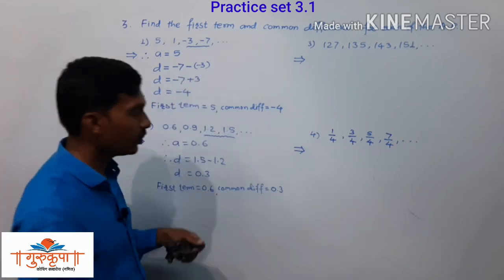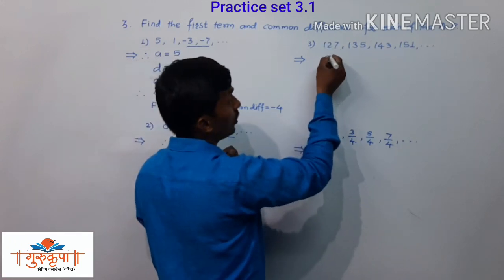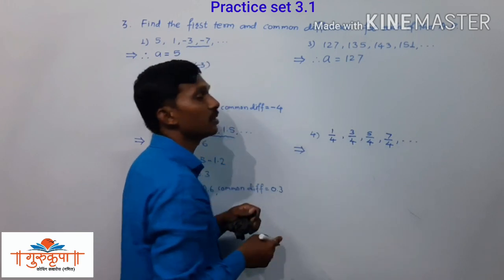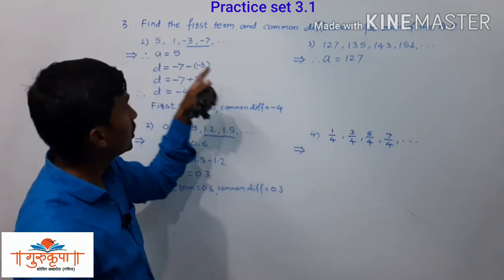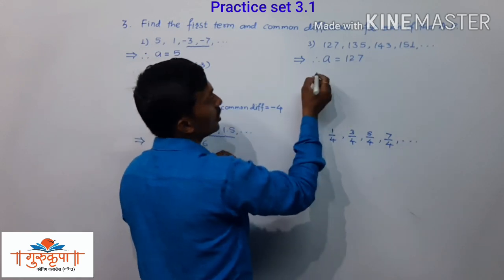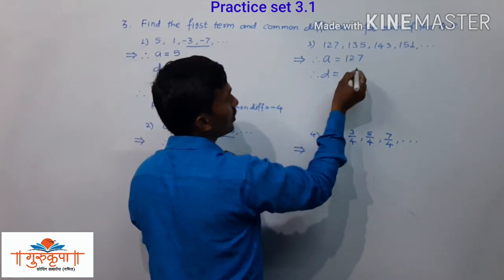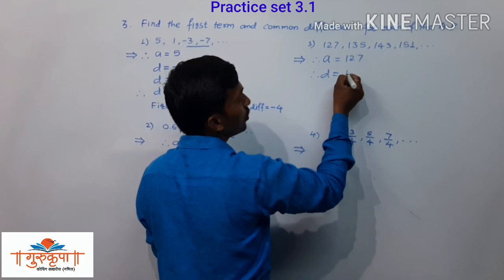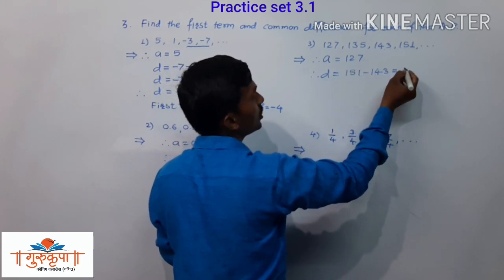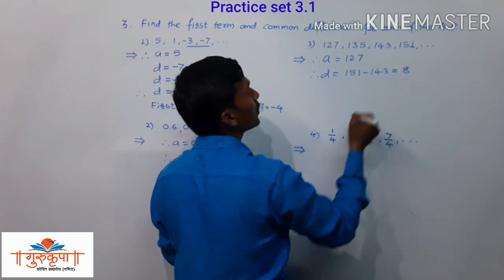We have the third example. Here A is equal to 127, the first term, that is 127. Or you can simply represent it as T1 also. T1 is equal to 127. Now we have to get D. This is 151 minus 143, that is equal to 8.